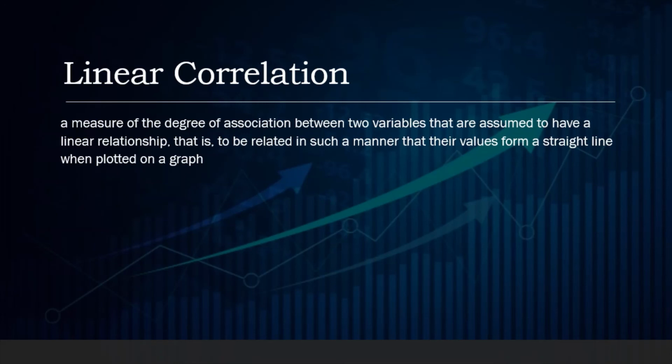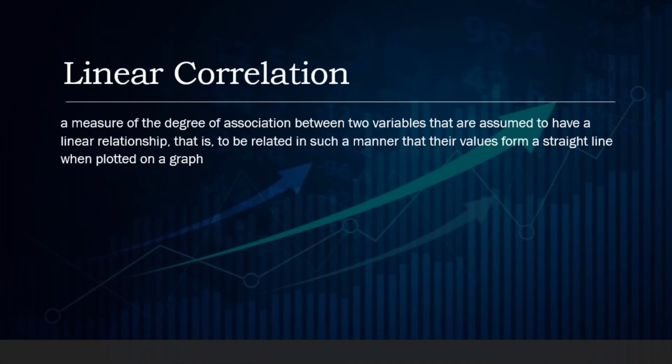Correlation is used to describe the linear relationship between two continuous variables. Example, height and weight.